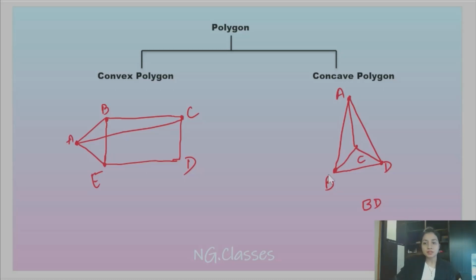So this polygon is called a concave polygon. What is a convex polygon? A polygon in which any diagonal we draw lies inside the polygon. And what is a concave polygon? When we draw diagonals in a concave polygon, we will see any one diagonal, or maybe more than one, lying outside, in the exterior of the polygon. Such a polygon is a concave polygon.